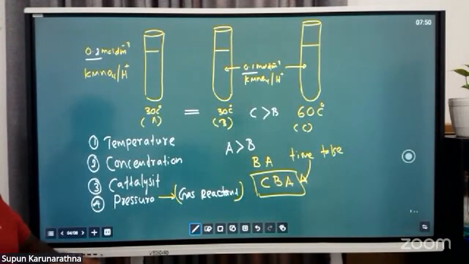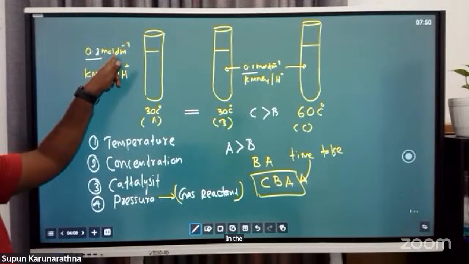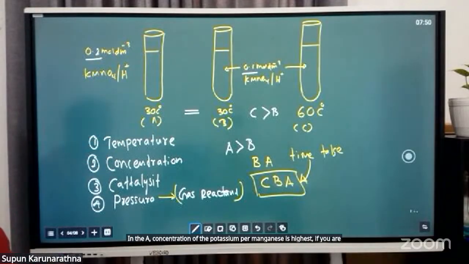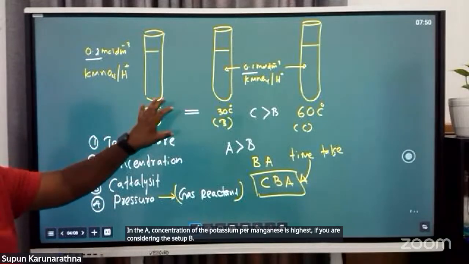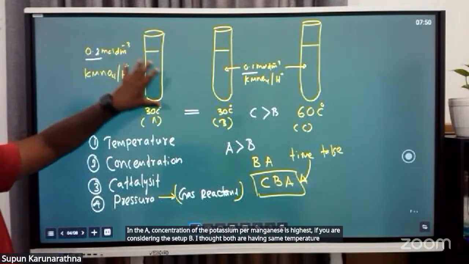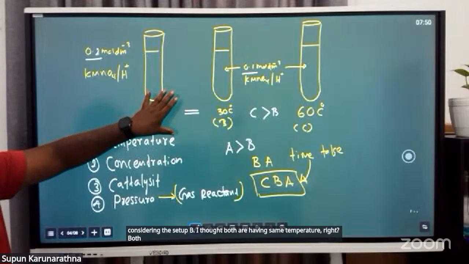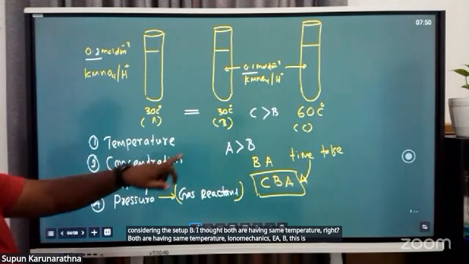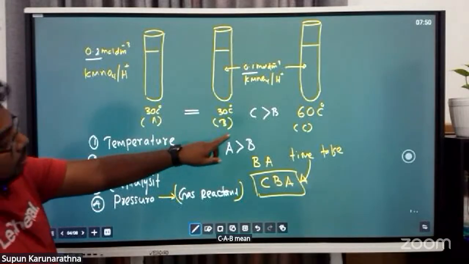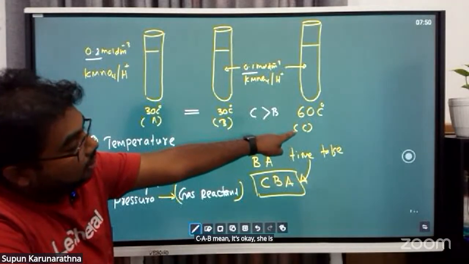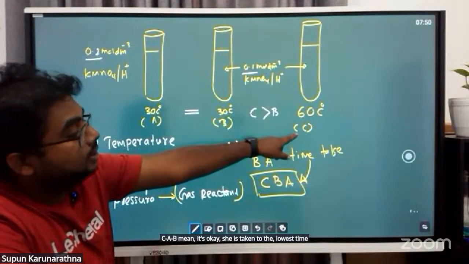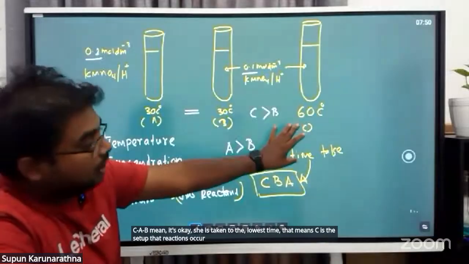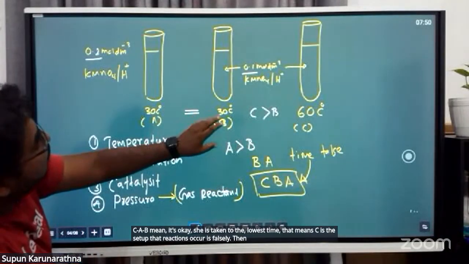Son, look, in A the concentration of potassium permanganate is highest, if you are considering setup B. Both have the same temperature, right? Both have the same temperature. Someone asks whether it can be CAB. If we take CAB, C takes the lowest time, that means C is the setup where the reaction occurs fastest. Then it should be B. Why?